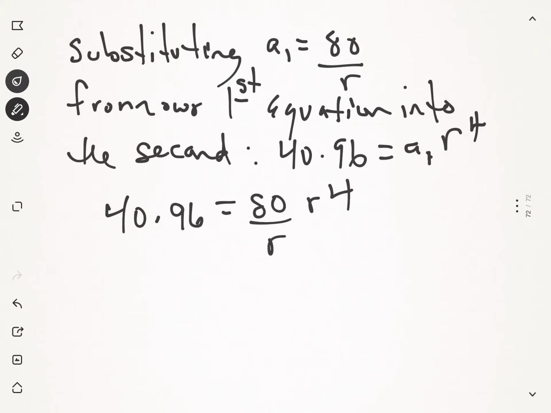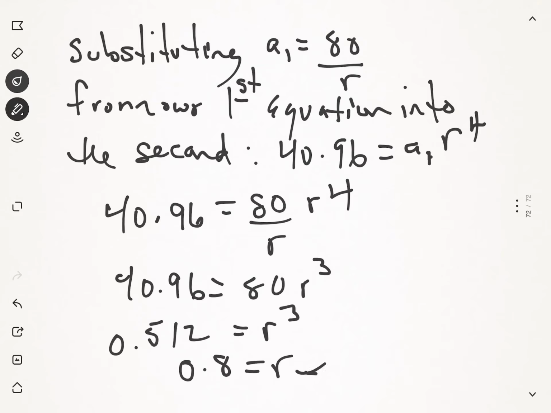So 40.96 equals 80 r cubed. Divide both sides by 80, we get 0.512. So r equals 0.8.